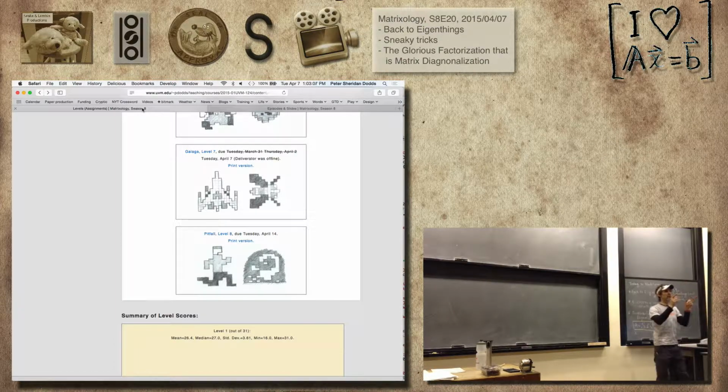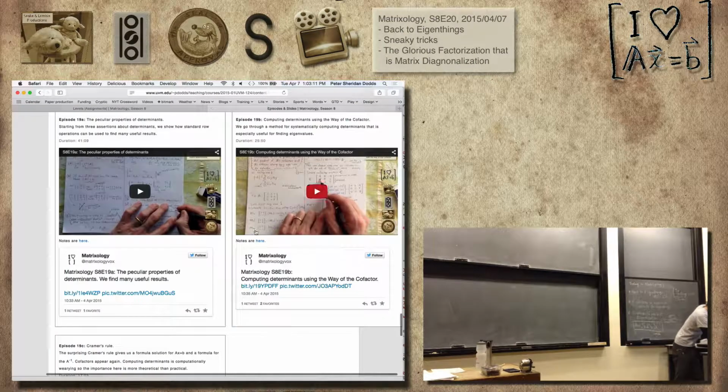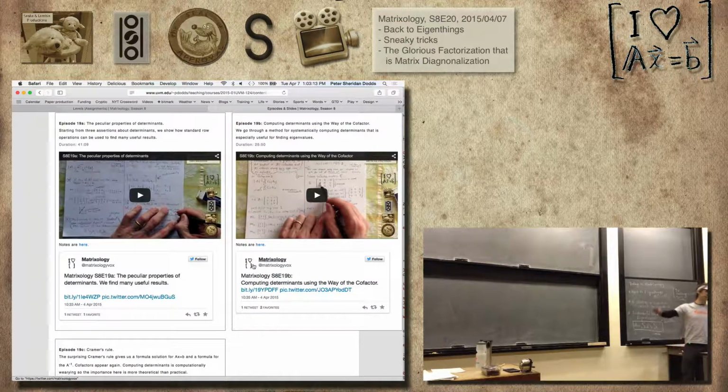While I was away, I eventually did add 3 lectures that, if you have not looked at them, I want you to. They're all about determinants. One is properties of determinants. We'll do a similar thing today with eigenvalues. There's a big grab bag, and you've got to know all these things. Then the cofactor method.